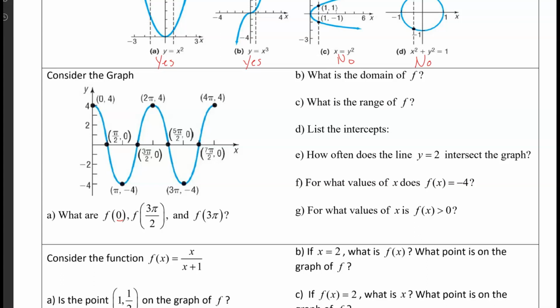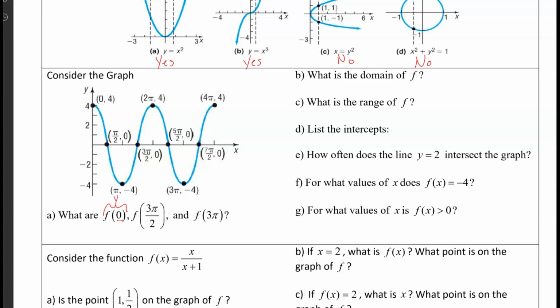Okay, so the 0 in f of 0, what variable is that referring to? Yes, Caitlin, x. This 0 is referring to the x value. And then what is the entire function f of 0? What variable is that referring to? Y. Yes, y.